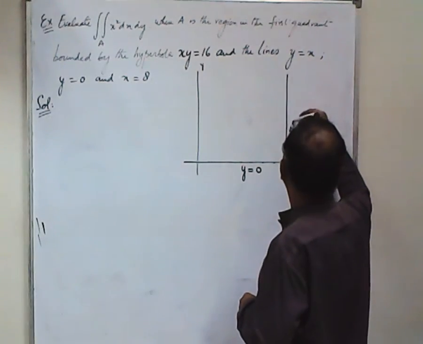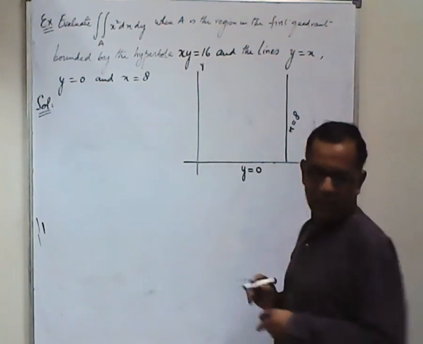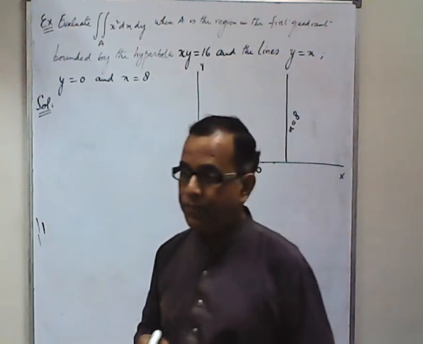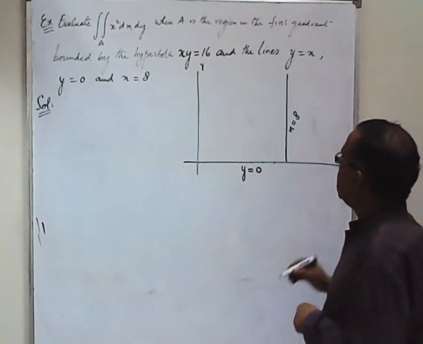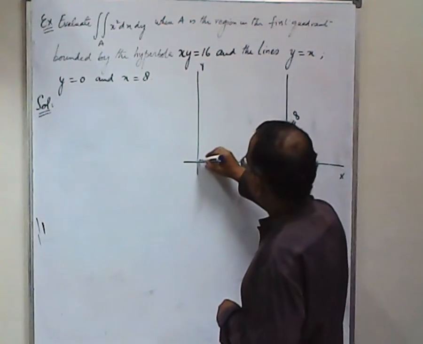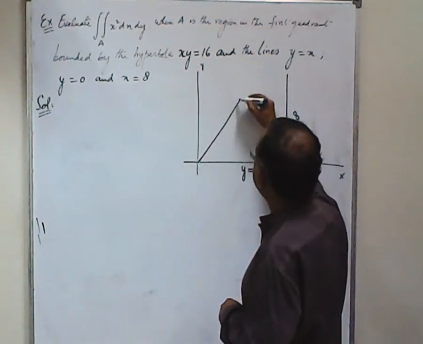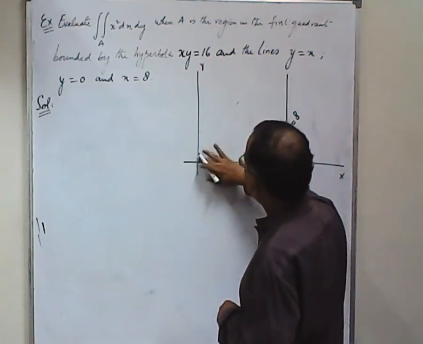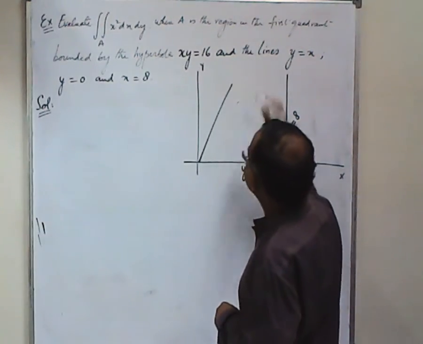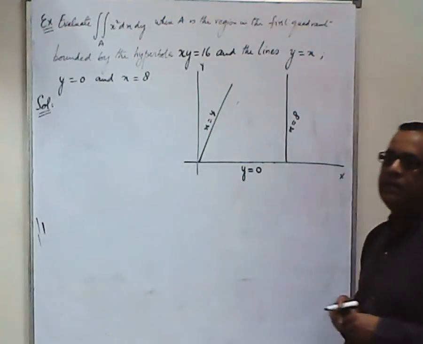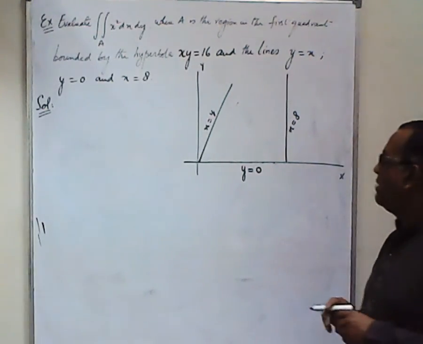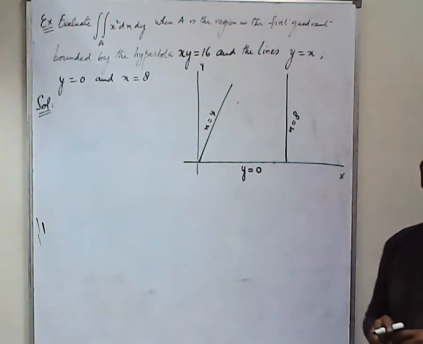Then we need the x equal to y line. So let's say this is going to be the x equal to y line, when x and y both have identical values.